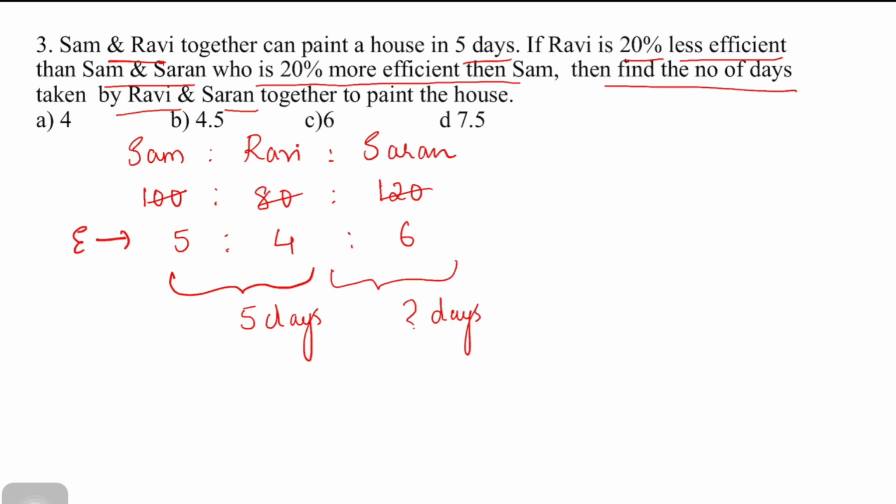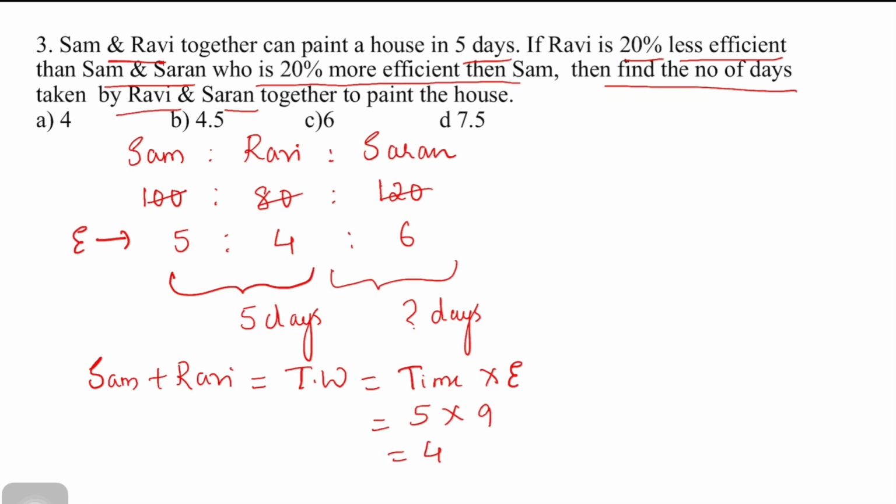Sam plus Ravi's total time we know, so from that we can find out total work. Total work is equal to time into efficiency. Time is 5 days and efficiency of both is 5 plus 4, 9. So total work is 45 units.